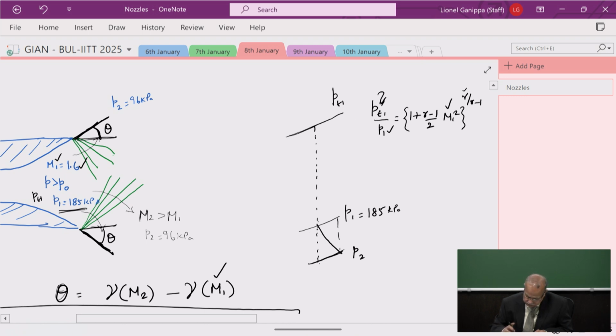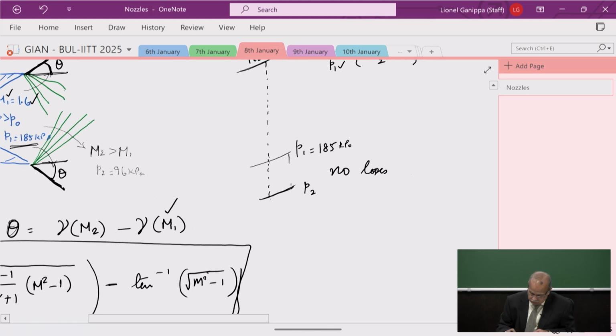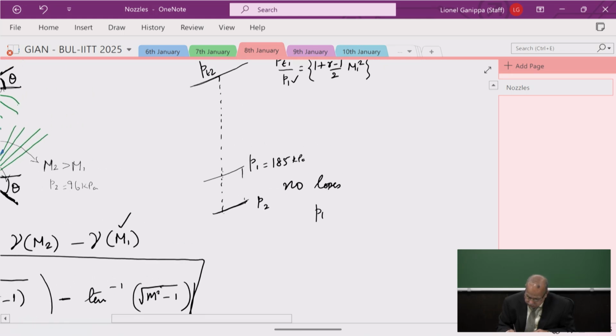Since there are no losses in the system, PT2 lies at exactly the same point, isentropically expanding in this expansion fan. So we can still write PT2 by P2 is equal to (1 plus gamma minus 1 by 2 M2 square) power gamma by gamma minus 1.